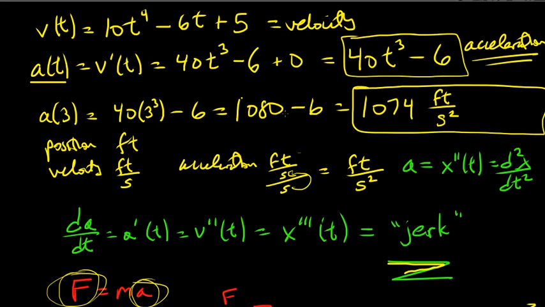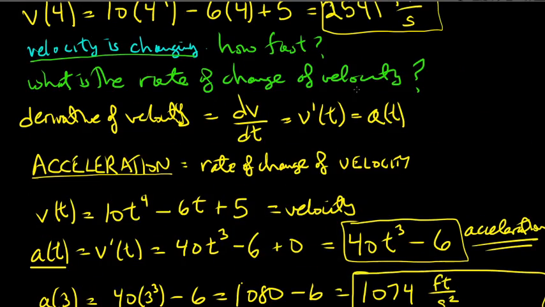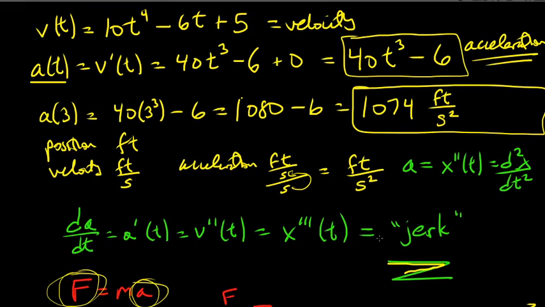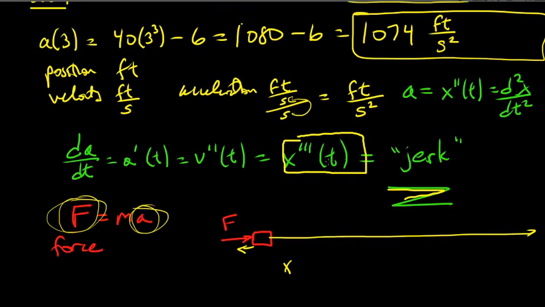But as a practical matter, usually the first derivative is important because it's the rate of change. The second derivative is also fairly important because it's the rate of change of the rate of change. But then most people have a hard time wrapping their head around what's the rate of change of the rate of change of the rate of change. And that's just something that doesn't come up all too often. So we're not going to deal with jerk or the fourth derivative or the fifth derivative.